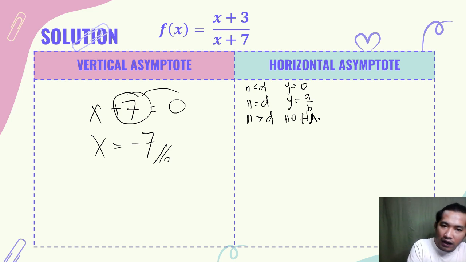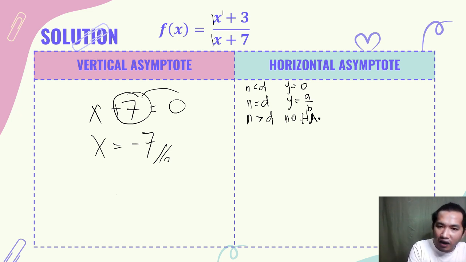So let's examine our function. We have a binomial in our numerator and also in our denominator. The leading coefficient of the highest degree of our numerator is 1, and the highest degree of our denominator is also 1. The leading coefficient of our numerator is an imaginary 1, and the leading coefficient of our denominator is also an imaginary 1.